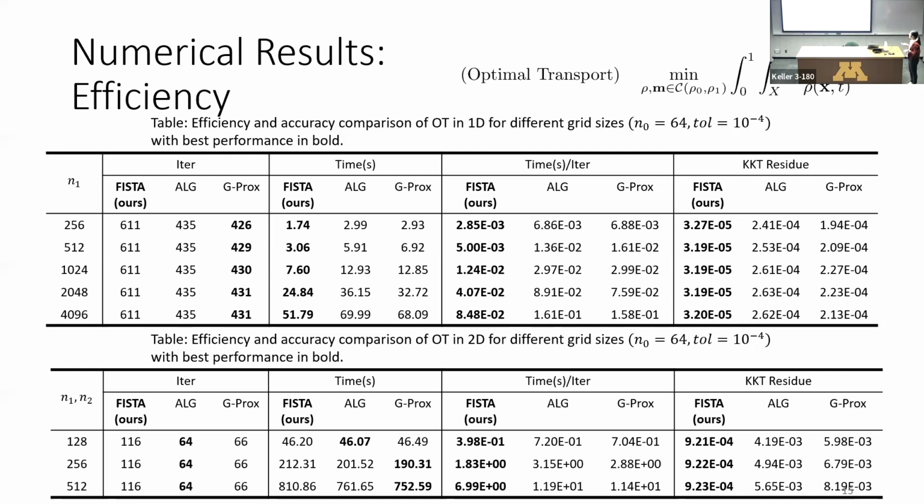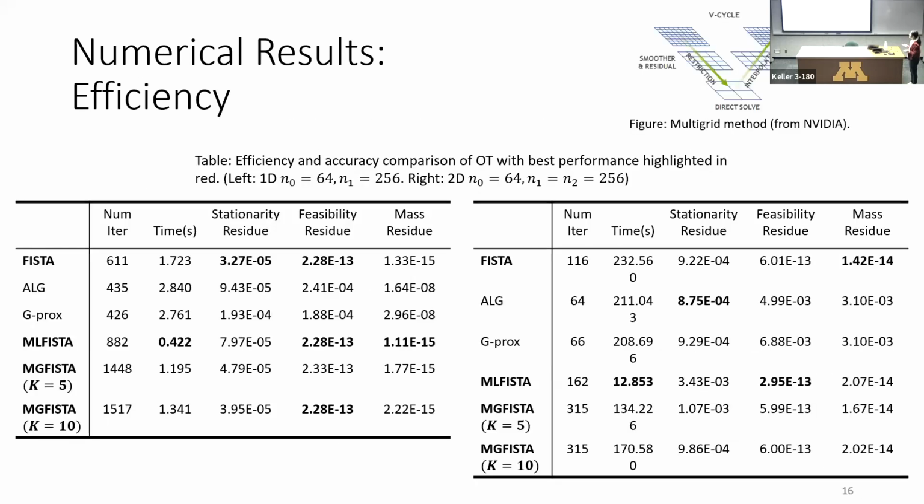And in this case, we still get a better efficiency comparing to their method. And we can further improve the efficiency of our algorithm by doing some multi-level or multi-grid strategy. And the good thing is we improve the efficiency without sacrificing our accuracy.